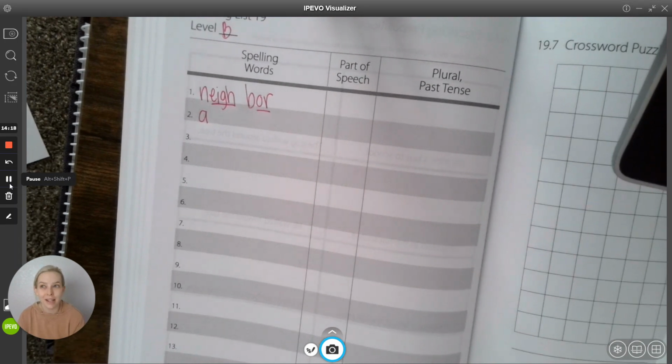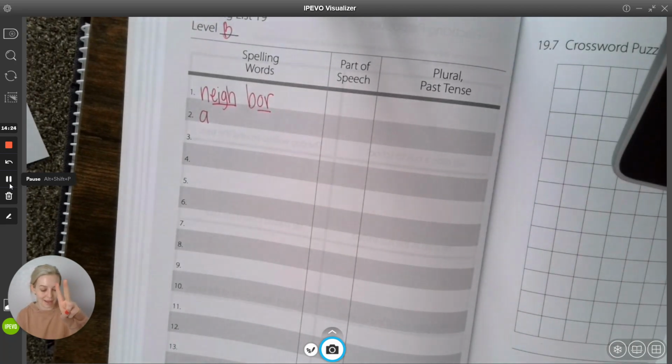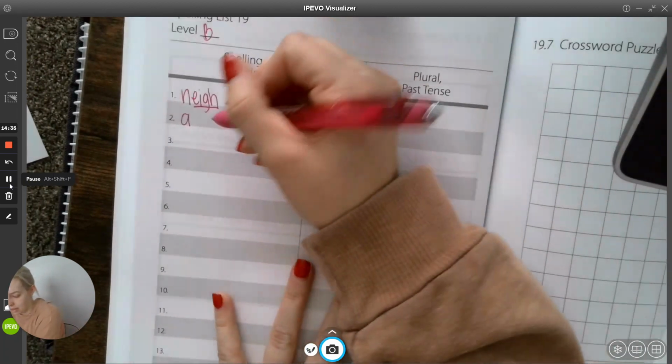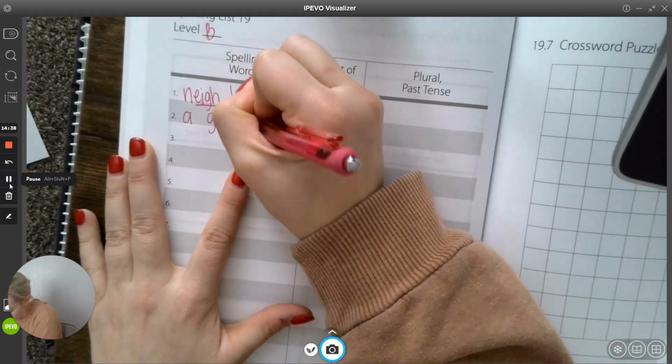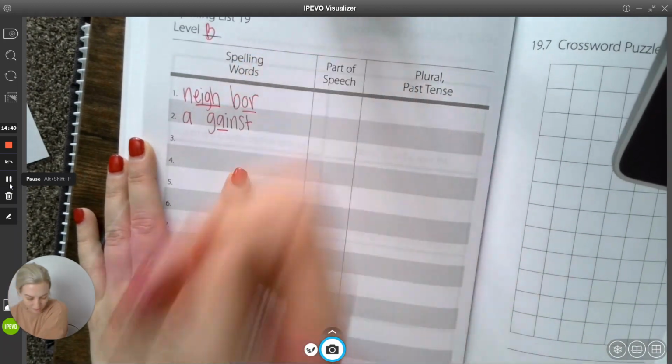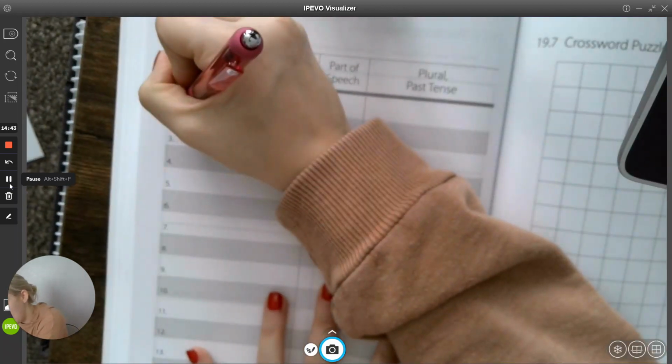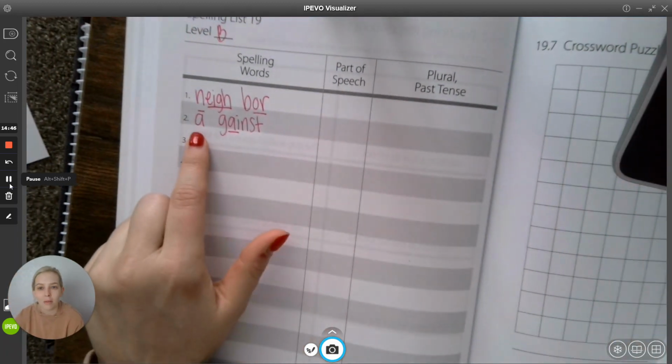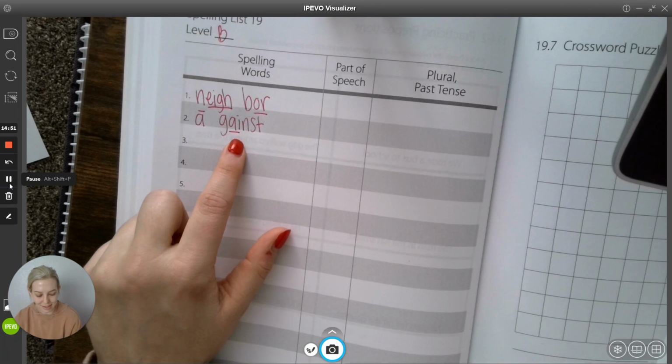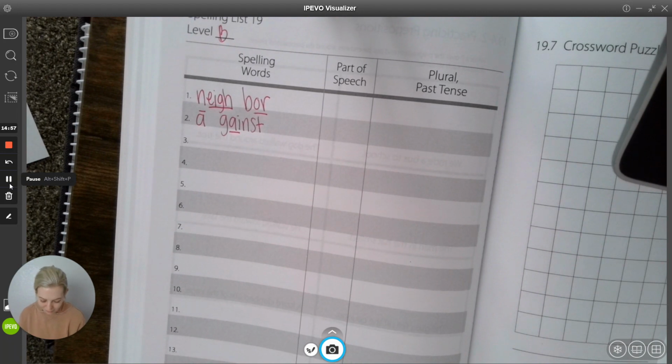G, A, N, st. Finger spell. G. A, two-letter A that may not be used at the end of English words. N, s, t. Underline that phonogram. And then A, we're marking with its long sound because we're enunciating against. And then know that this is saying its schwa sound.